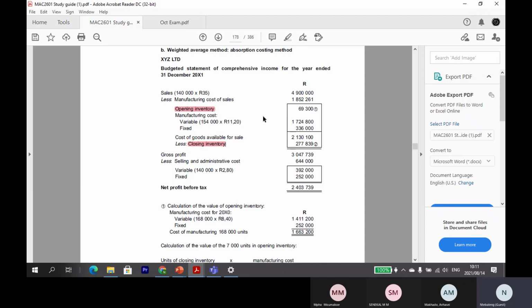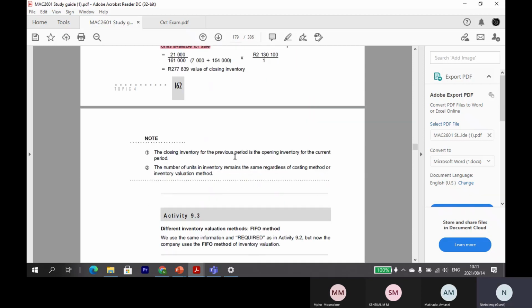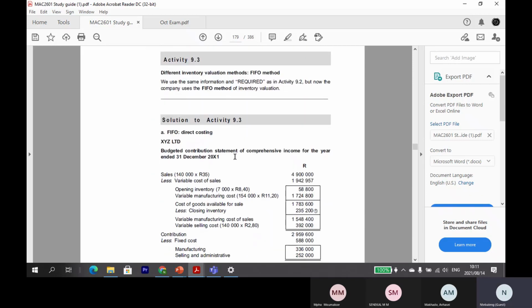Am I under the direct or am I under the absorption? If I'm under the direct method, I'm only thinking about variable manufacturing cost. If I'm under absorption, I need to think of my total manufacturing overhead cost, which is my fixed and my variable, when I value my inventory. Then you should be good to go as to approaching these types of questions.